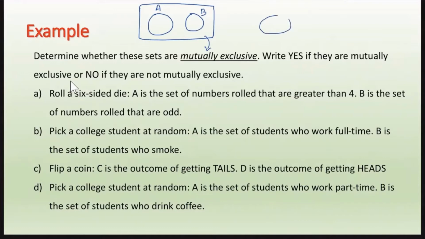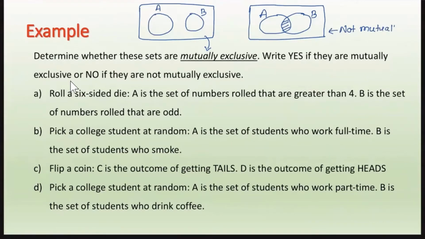But if you have A and B and there is something common, like in my second figure here, that means this is not mutually exclusive. So what we have to do is check whether they are disjoint or not.